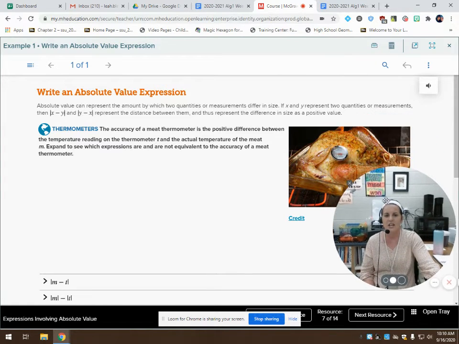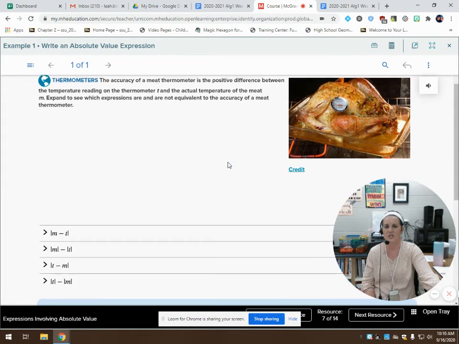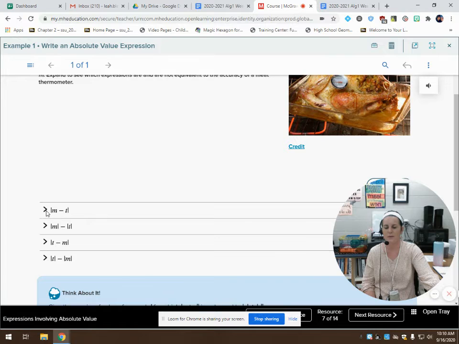So looking at the accuracy of a meat thermometer, it's the positive difference between the temperature reading on the thermometer T and the actual temperature of the meat M. So we determine which expressions are and are not equivalent to the accuracy of a meat thermometer.